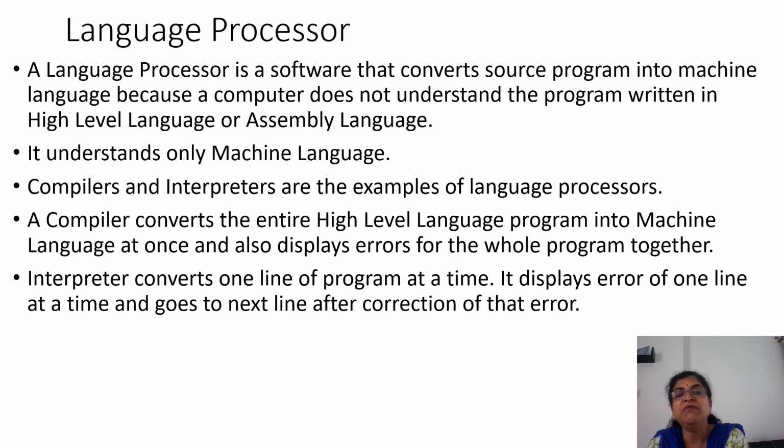Whereas the interpreter converts one line of a program at a time. It displays the error of one line at a time and goes to the next line after correction of the error. So the compiler and interpreter are these two examples of a language processor.